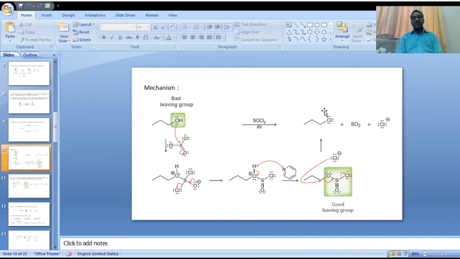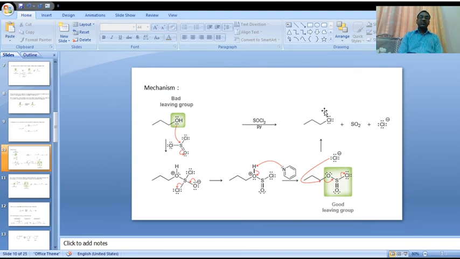First, we observed in this reaction the bad leaving group, the hydroxyl group. In the presence of thionyl chloride, it turns into a good leaving group.